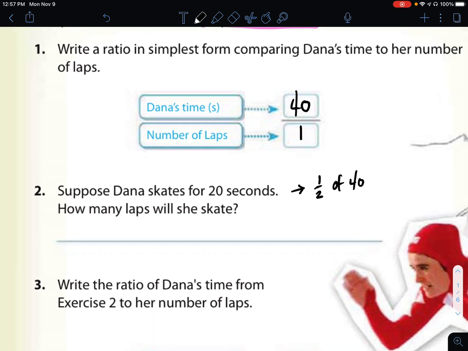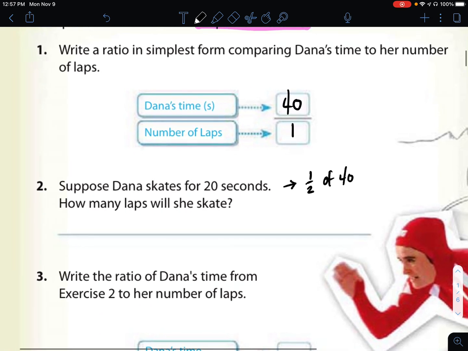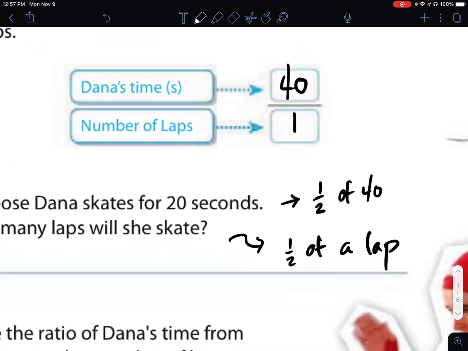So how many laps will she skate? If Dana skates only 20 seconds, then she will complete 1/2 of a lap. Okay, make sense? So if you cut the time in half, you also cut the number of laps in half.